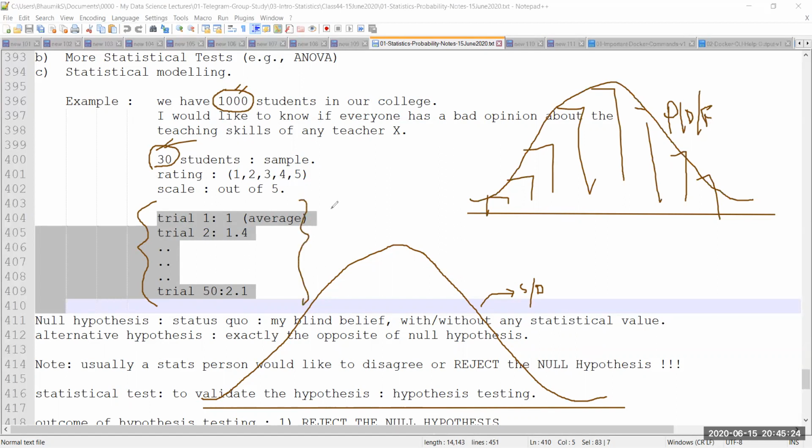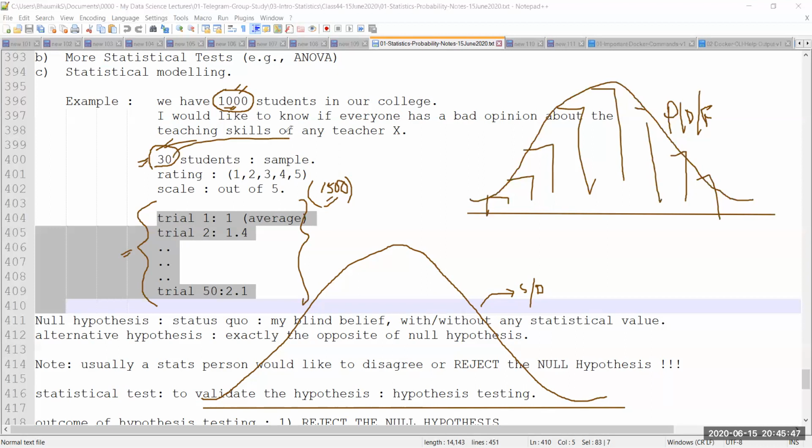So I have done what? 30 multiplied by 50, 1,500 combinations. So I have sampled at least 1,500 students where there can be repetitions. I accept that they are not unique 1,500 students. How can that be if a college has only 1,000 students? So there will be repeats. Okay, fine. But I've done a lot of trials, and I have taken a good sample amount.